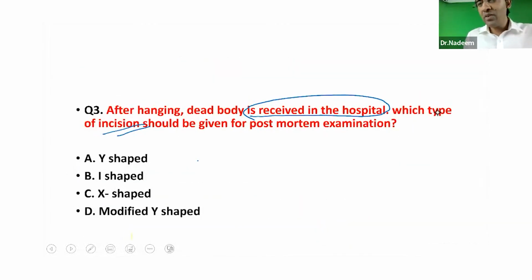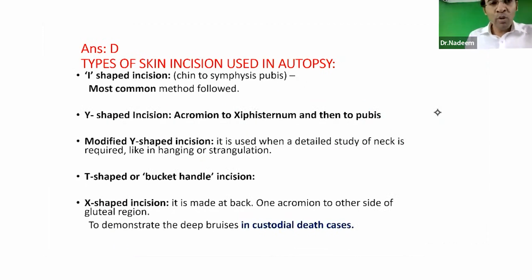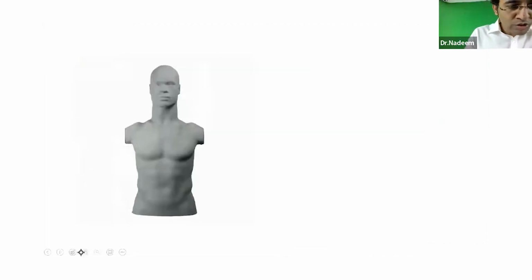Whenever we have to do a post-mortem examination, we have to give an incision, right? The most common type is when we give the incision just below the chin to the pubis; this is called the I-shaped incision. If it goes from the acromion to the substernal part and then to the pubis, this is called Y-shaped.